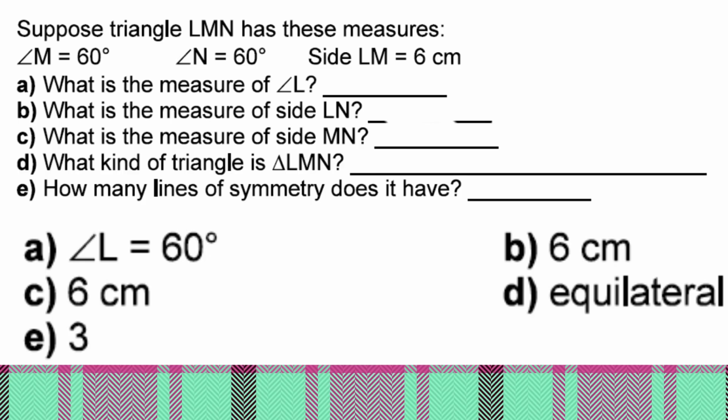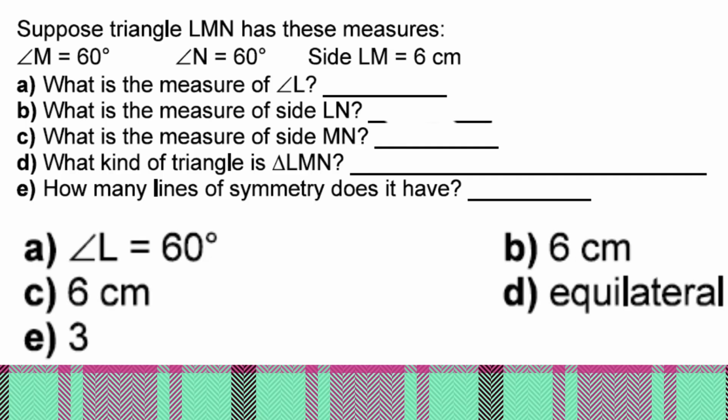So I could start with 180 degrees, subtract 120 degrees to get a remaining amount of 60 degrees. Knowing that, I know that angle L is 60 degrees and that all of the angles are the same in this particular triangle.